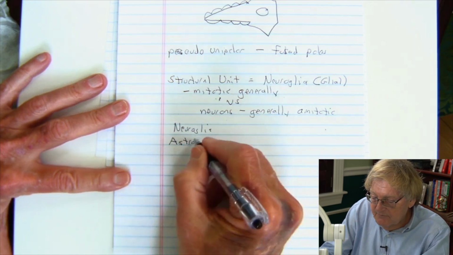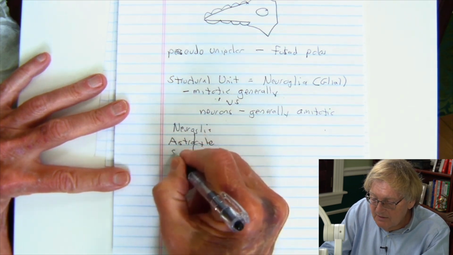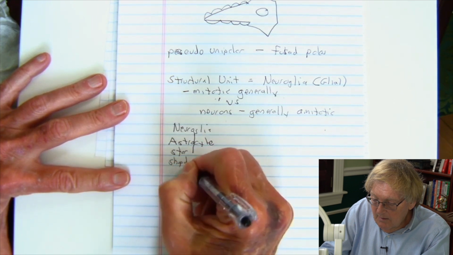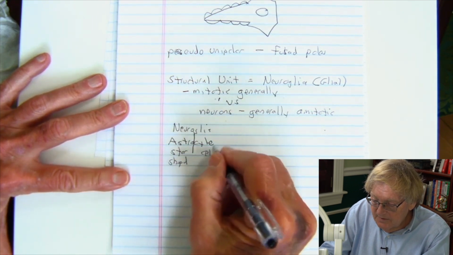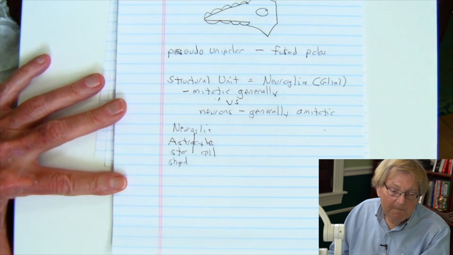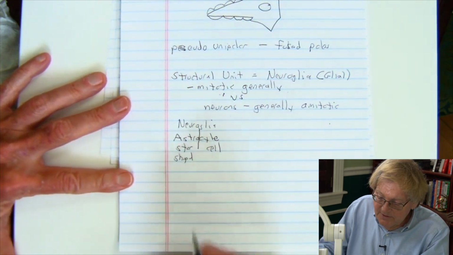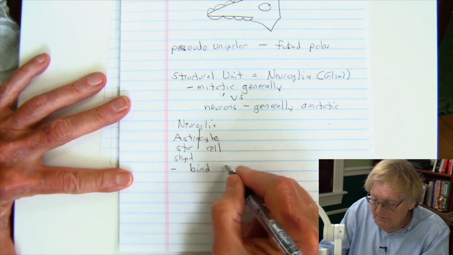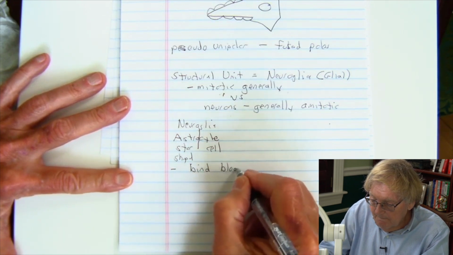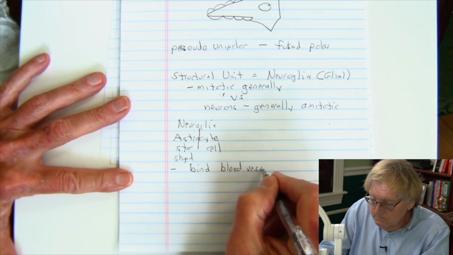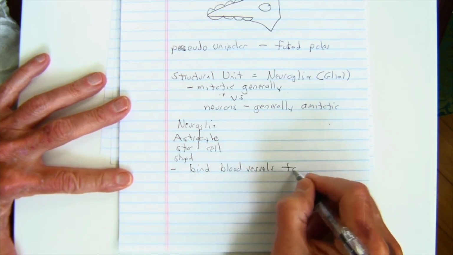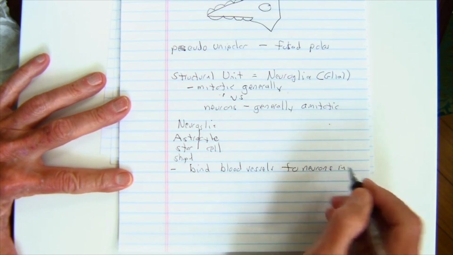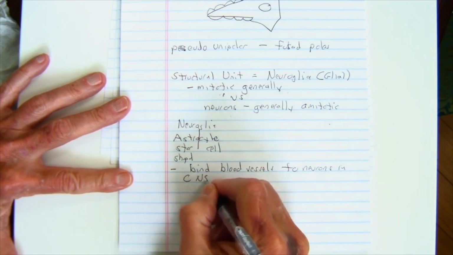It gets its name from astro, which means star-shaped, and cyte means cell, a star-shaped cell. It's going to have a function. It's going to bind blood vessels to neurons in the central nervous system.